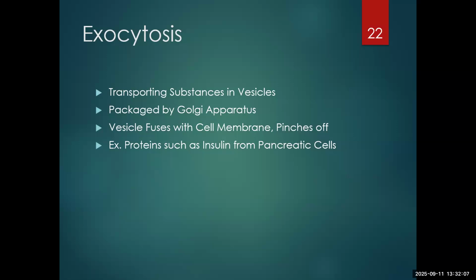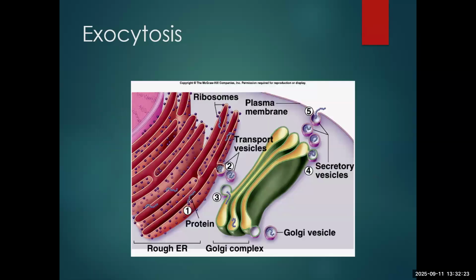These vesicles themselves are phospholipid little bubbles that are produced by an organelle inside the cell, which is called the Golgi apparatus. Let me see if I have a picture for you. Yes. Let's again orient ourselves here. Here is the plasma membrane.